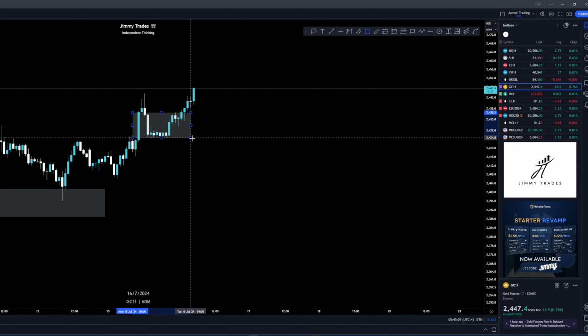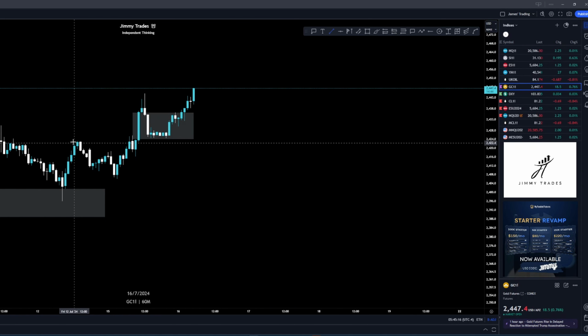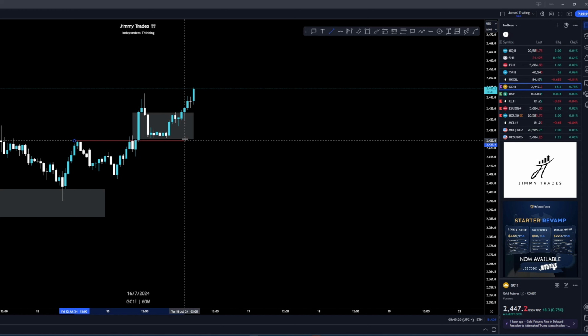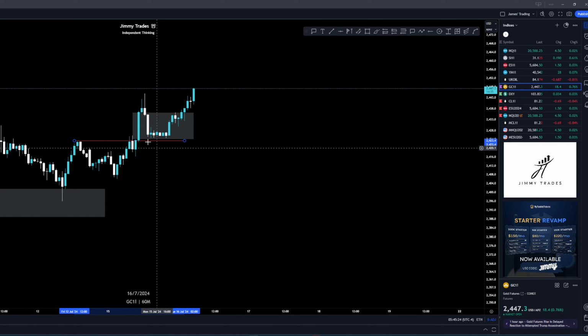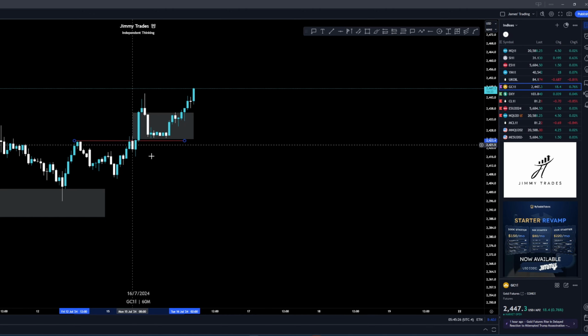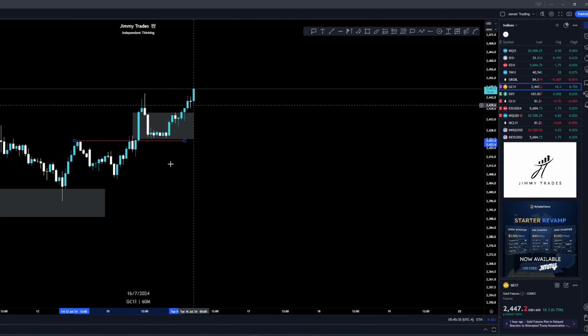Bullish PDRA is being respected. I like this. We had a swing high here aligned. Price just bouncing off that. It's not quite aligned, but this is good to see. Price continuing to push higher.